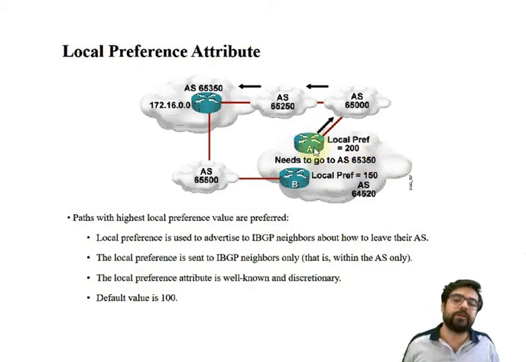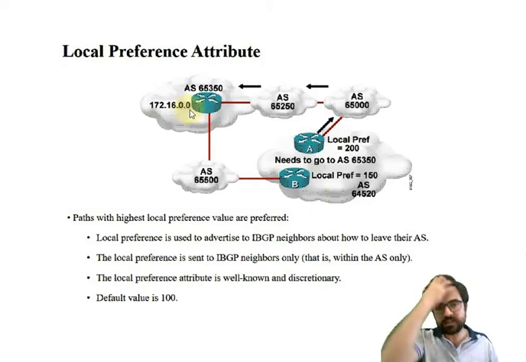Look at this scenario. We have, for example, this cloud of network as our AS, and we have two routers, and we can access this AS via this path and also this path. But what do we do here? We can set local preference 200 for this router to reach this AS, and local preference 150 for this router to reach this AS. What does this mean?